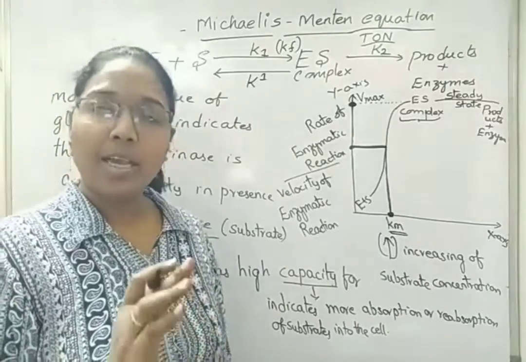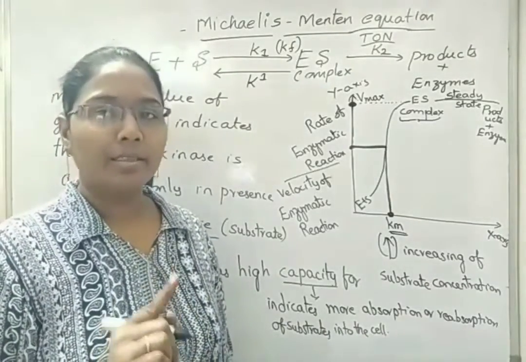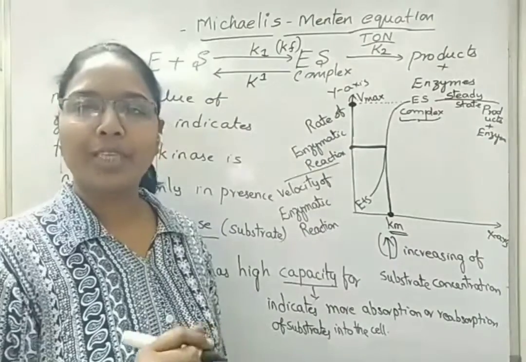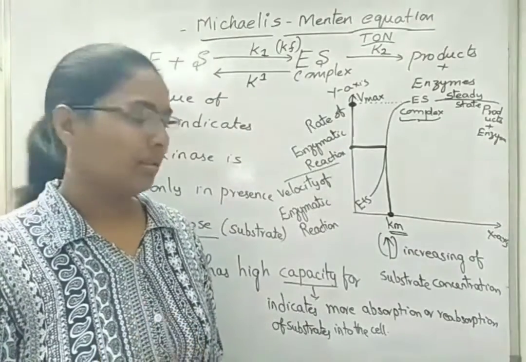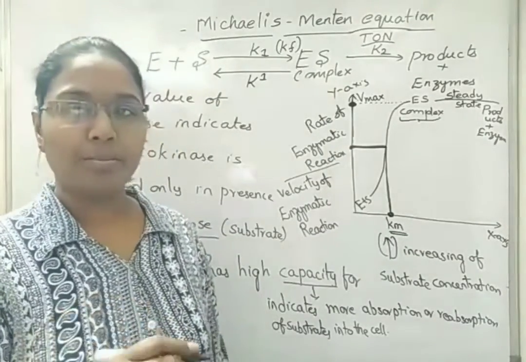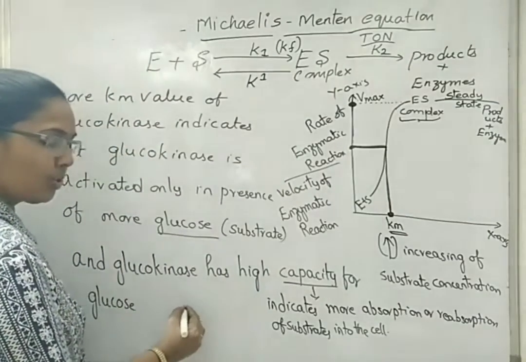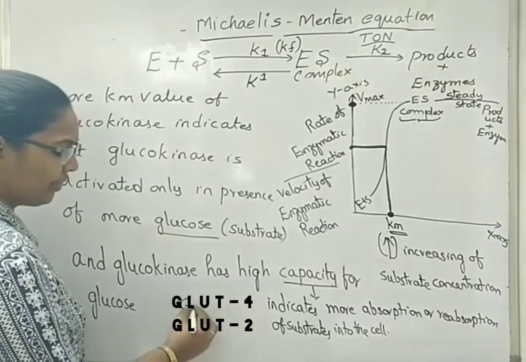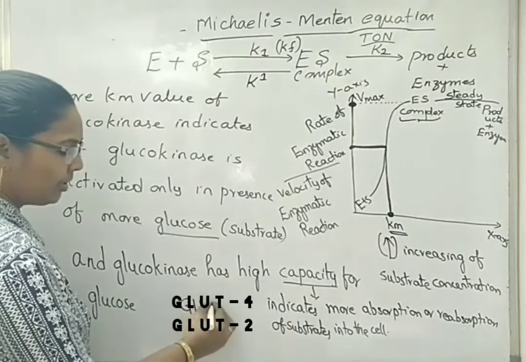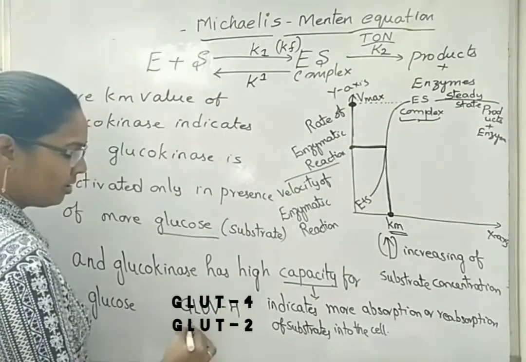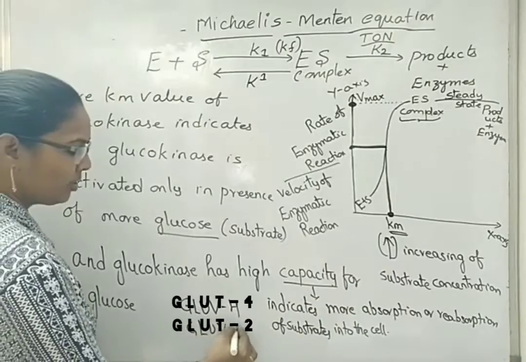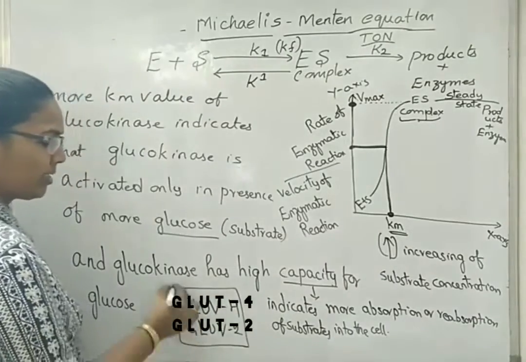But in case of absorption or reabsorption, this will take the support of carrier proteins like GLUT4 or GLUT2, such types of carrier proteins, which we indicate as GLUT4, GLUT2 types of carrier proteins.